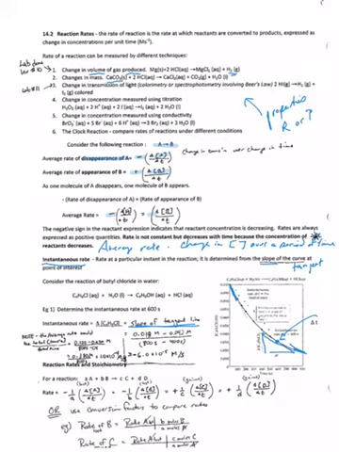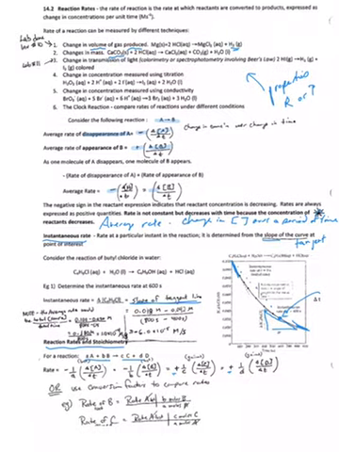Now, if we look at the stoichiometry of rates, let's say that A and B react to give you C and D. So we're going to lose A, and we're going to lose B, and we're going to form C, and we're going to form some D. And we can look at them as fractions like this. I prefer to use conversion factors.